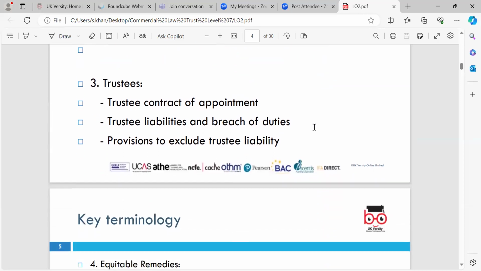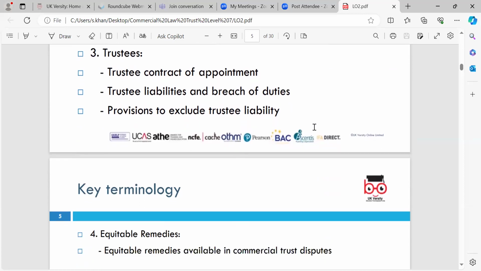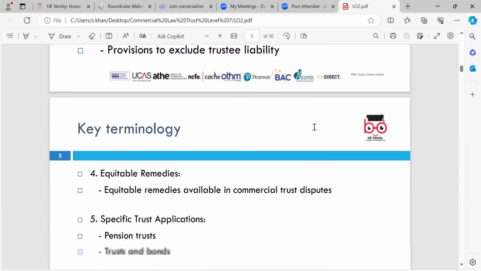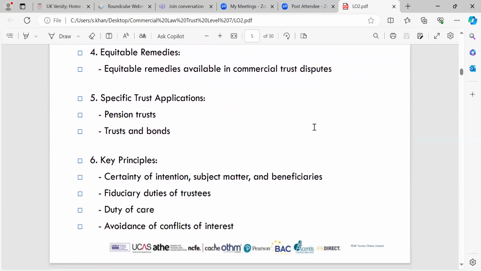Then number 3, trustee contract of appointment, trustees' liabilities and breach of duties, provisions to exclude trustees' liabilities. Then number 4, equitable remedies, which are available in commercial trust disputes. Number 5, specific trust applications, so pension trusts, trusts and bonds.